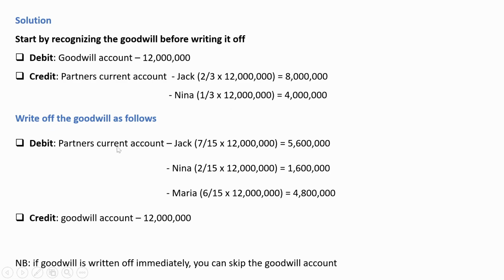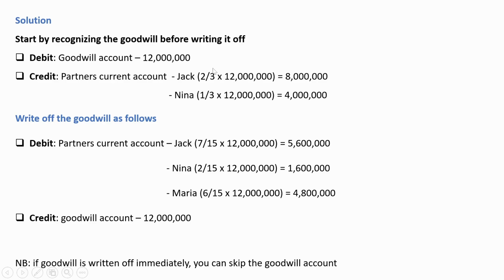You debit the partner's current account with the total here, which is 12 million. Because the goodwill account is not going to appear anywhere, you can just ignore it. That is if you want to follow a shortcut. But for purposes of working, in exams you are required to show your workings. So you can also show all of them.